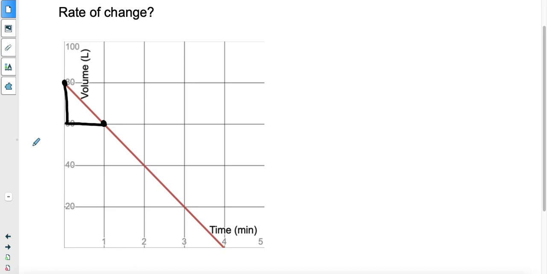Now, whenever something goes down, so a value goes down, we say it's negative. Since it's going down 20 liters, I want to say my rise is negative 20 liters. My run is going to be 1 minute. So again, to find the rate of change, we're just going to divide those two values.